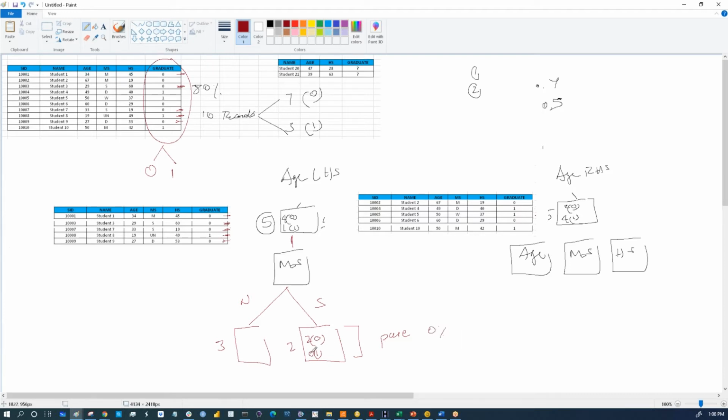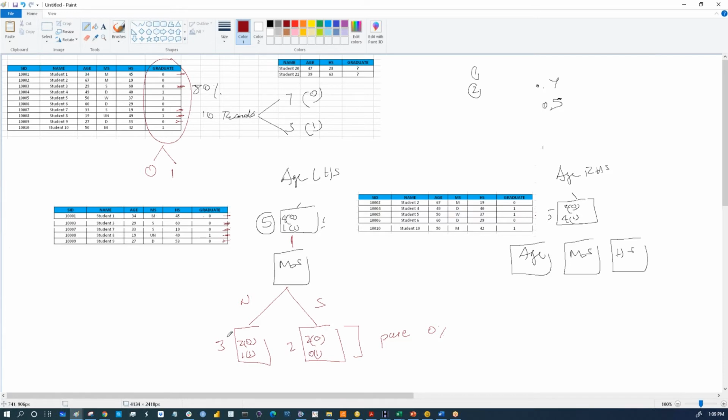Means I can tell if it's 0. For the other one, how many do we have? So we got 2 zeros, 1, 1. Is this pure or not pure?